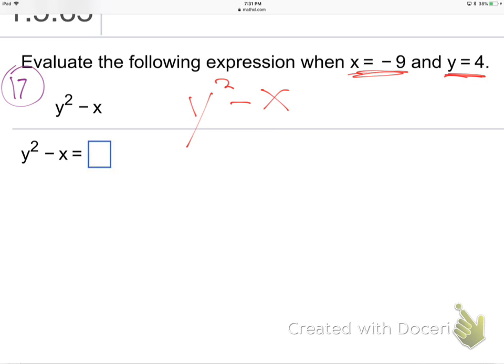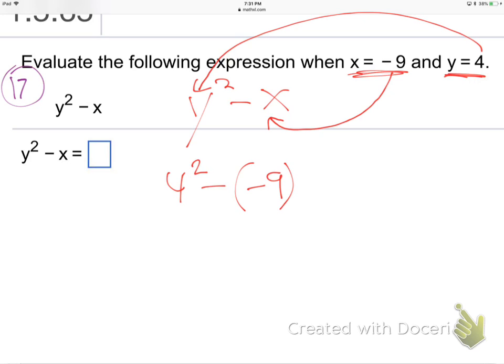How do we do it? So plug in the y is 4, and the x is minus 9. So we get 4 squared minus 9. You don't have to do parentheses. Here, let me just get rid of those. 4 squared minus 9. We good?